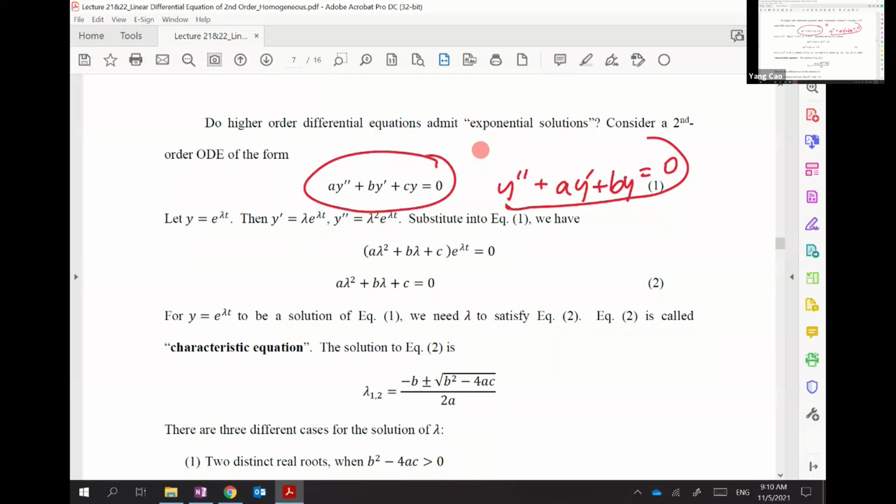So to be consistent, I updated my lecture notes everywhere with a y double prime plus b y prime plus c y equal to 0. It's the same thing, just to be consistent. So if you have downloaded the lecture notes, you can download again to update accordingly.